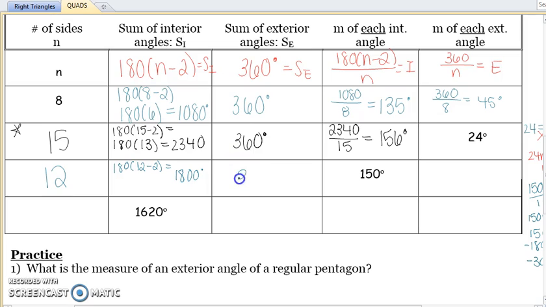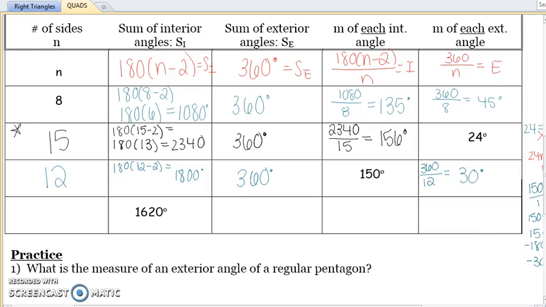Sum of the exterior angles, always 360. We know the measure of one interior angle. The measure of each exterior angle, again using our formula, is 360 divided by 12. 360 divided by 12 is 30 degrees.